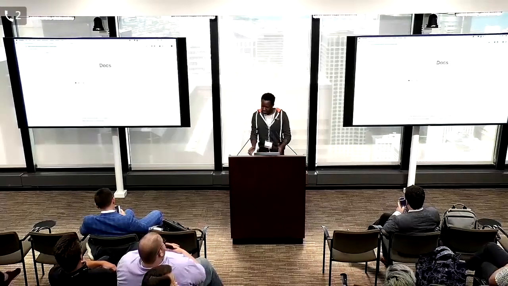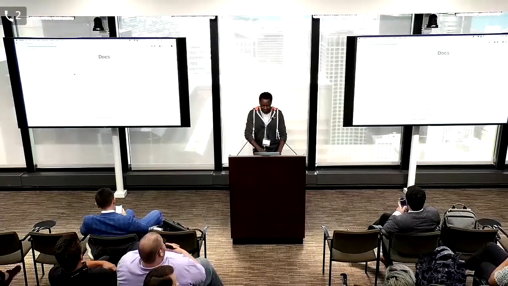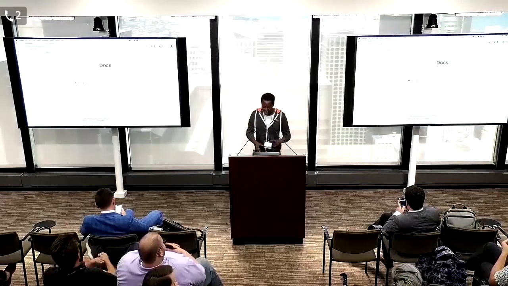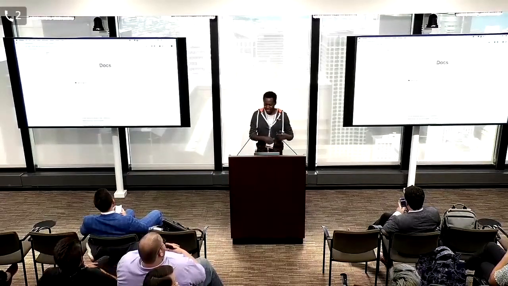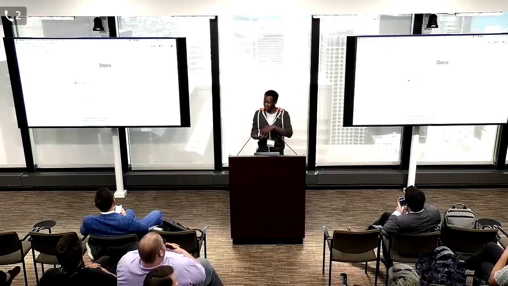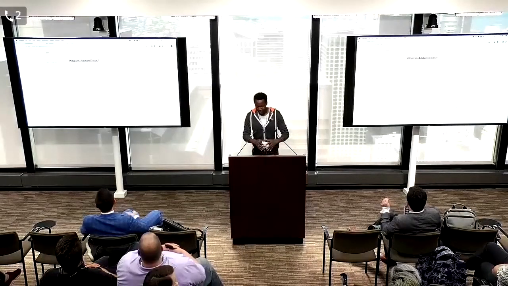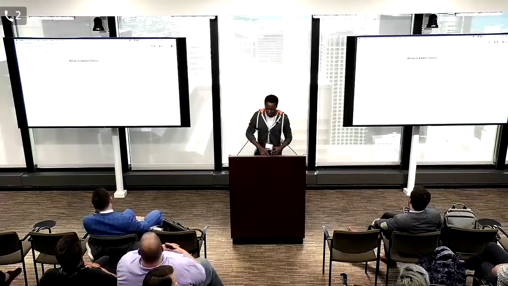So this is the documentation of the add-on. So the add-on is using Ember CLI add-on docs to generate its own documentation. So that's what it looks like. You have markdown files to generate as much content as you want.